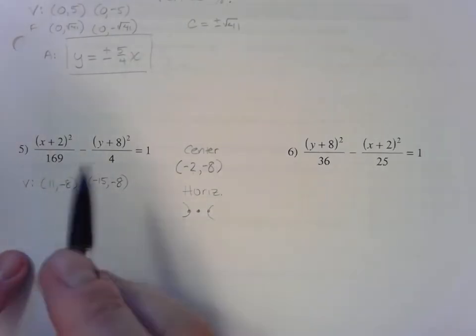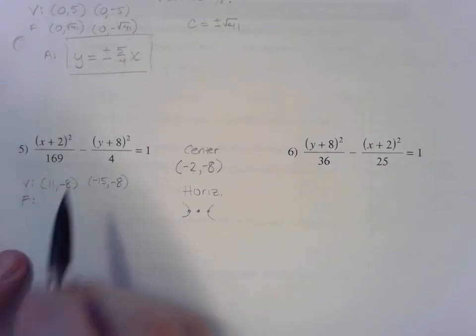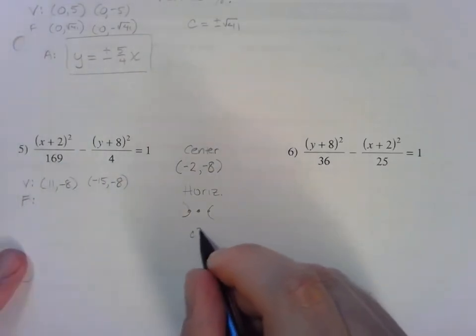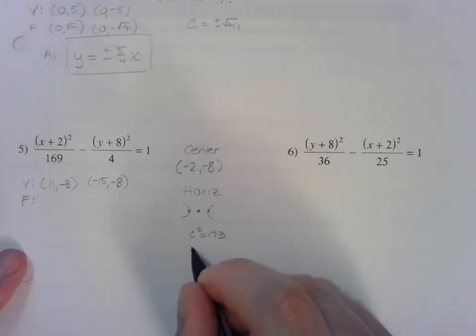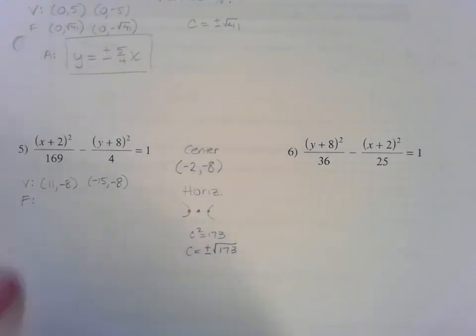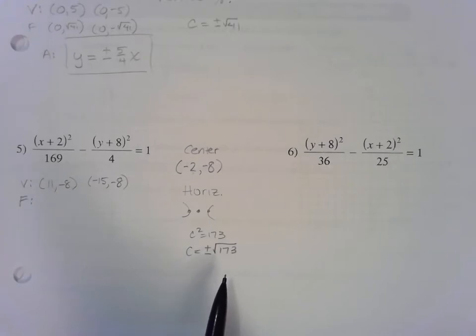Let's find the two locations of the foci. 169 plus 4. C squared equals 173, and C equals plus or minus square root of 173. This does not have any perfect square factors. We would have to check primes that are less than 13: 13 won't go in, 11 won't go in, 7 won't go in, 5 won't go in, 3 won't go in, and 2 won't go in.